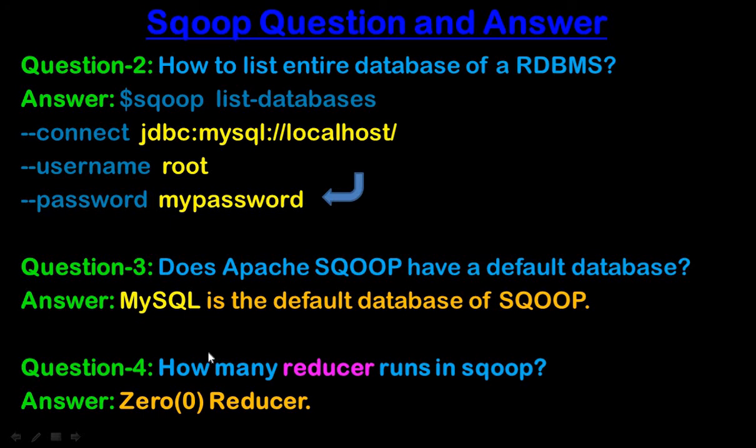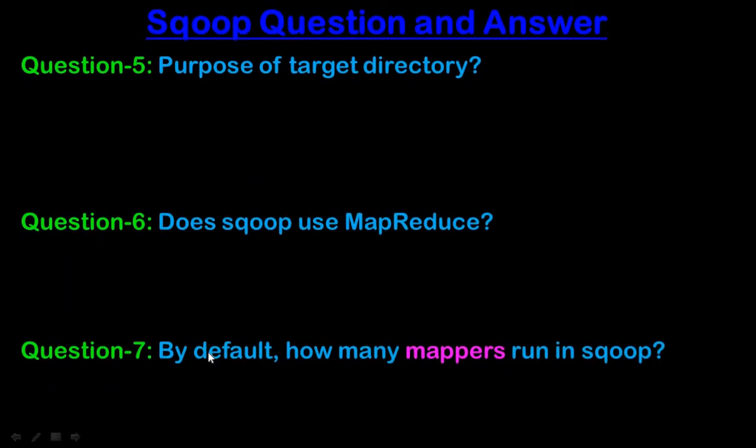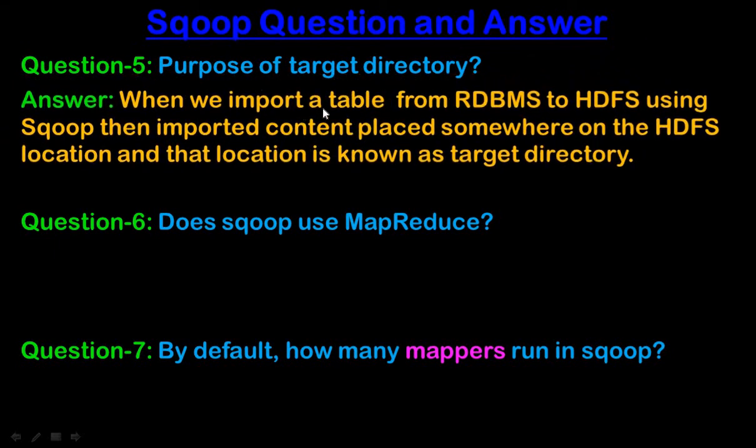Now let's see question 5. Question 5 is, what is the purpose of the target directory? So the answer is when we import a table from RDBMS to HDFS using SQOOP, the imported content is placed somewhere on the HDFS, and that location is known as the target directory.